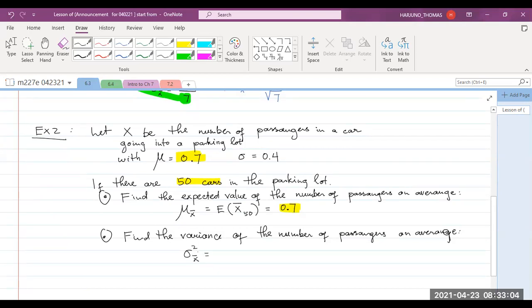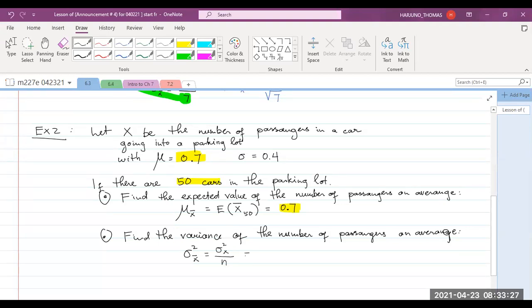So this average number of passengers may be different from 0.7, give and take, maybe more, maybe less. But how will that vary? How will that spread? It will be the original variance divided by the sample size.